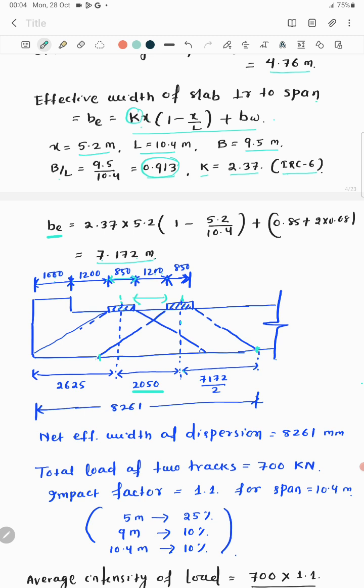And the rest part on the left side can be calculated. So this is 850 by 2 plus 1200 plus 1 meter, which is coming to be 2625 mm. So the net effective width of dispersion is 8261 mm, by combining 2625 plus 2050 plus 7172 by 2.